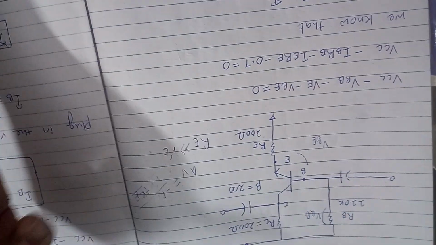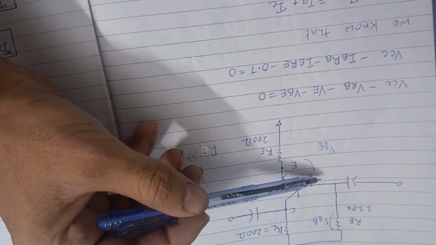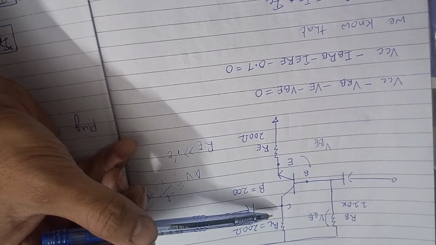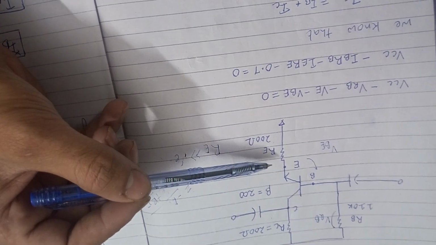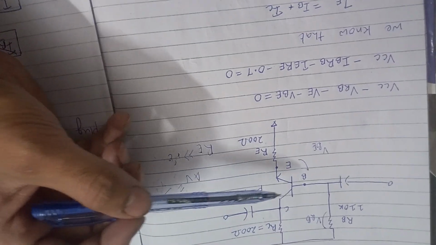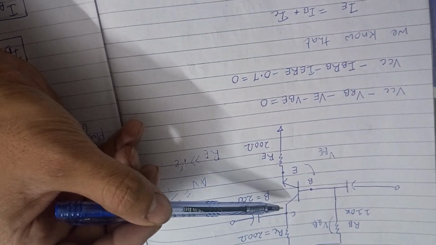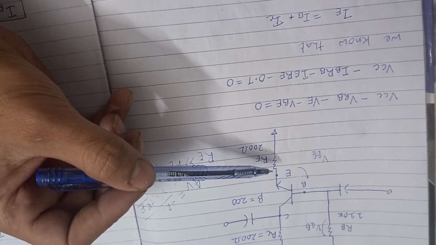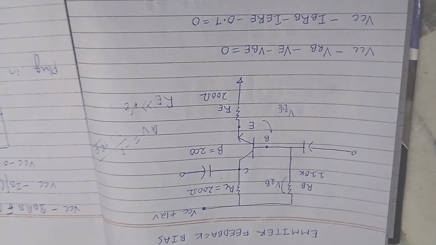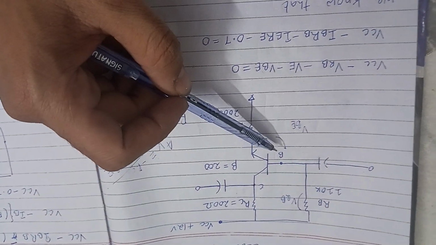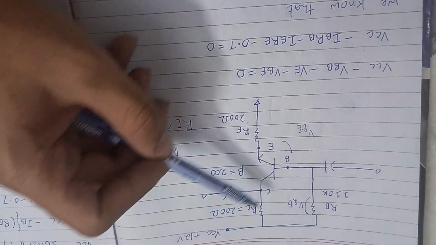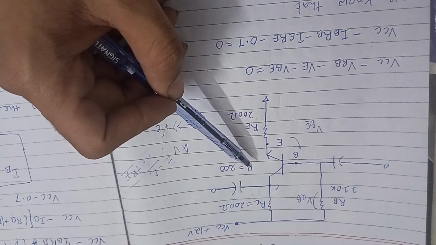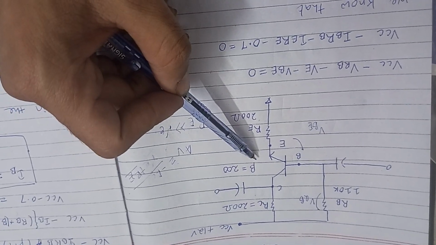Basically, a small change in base current produces a large change in collector current. How large? It is actually a gain factor, beta.